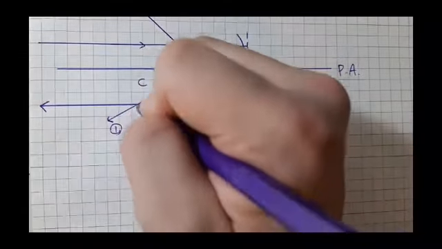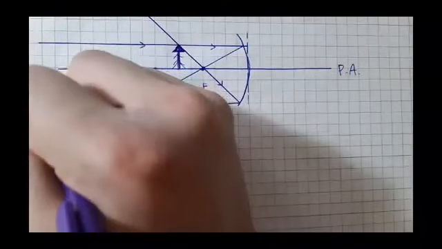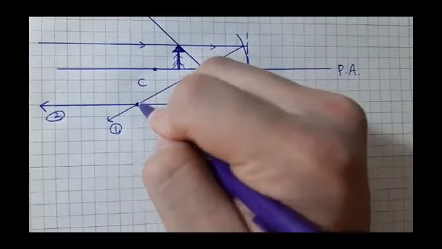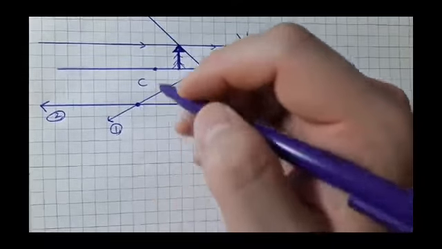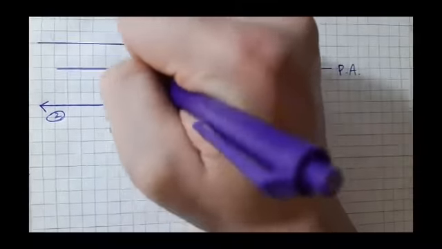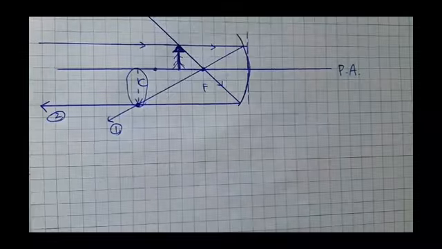Can you see there is an intersection point between 1 and 2, which is located right past the C point over here? This is where my reflected image will be located, ladies and gentlemen.